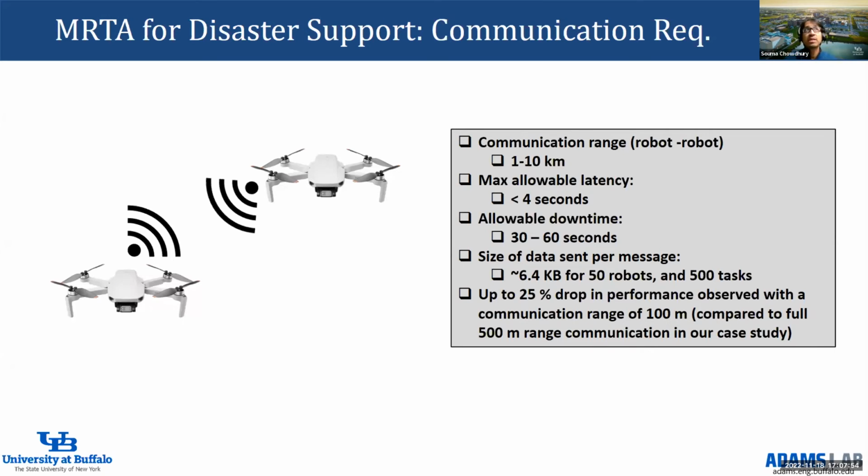A drop in performance means that instead of meeting 100 tasks, you are only able to meet 75 tasks. So you are only able to deliver supplies to 75% of the victims in that flood scenario, which is a significant drop in performance because of deterioration of the communication. So this is something to think about from the wireless perspective.